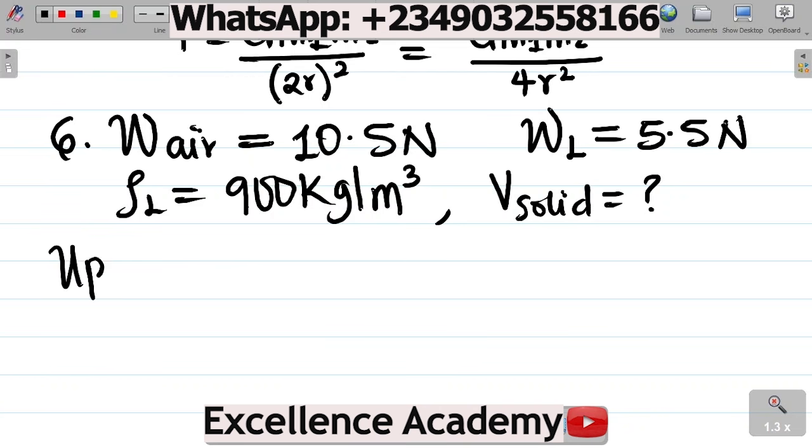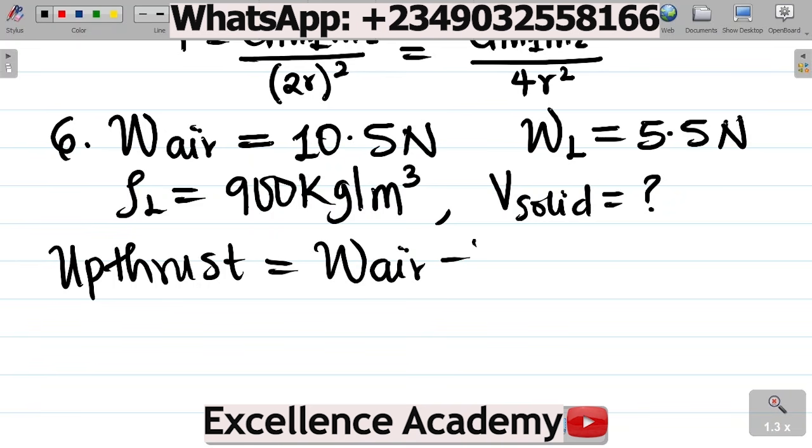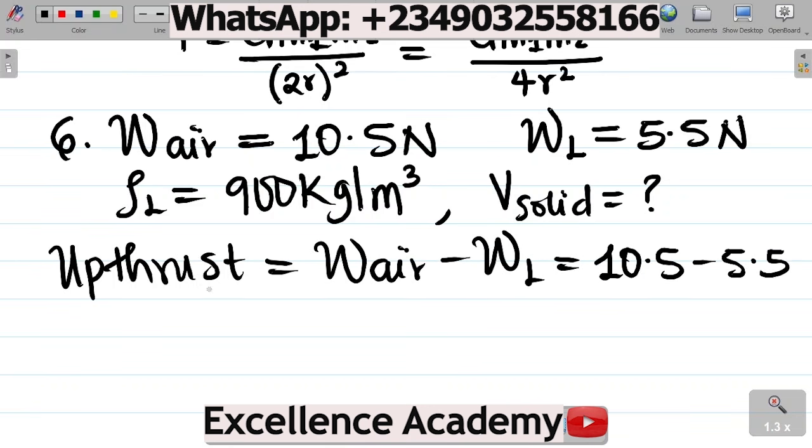So the upthrust or loss in weight is equal to weight in air minus weight in liquid, and that's equal to 10.5 minus 5.5. Let's call the upthrust U. That gives you 5. Upthrust is measured in Newton. So upthrust U is equal to 5 Newton.